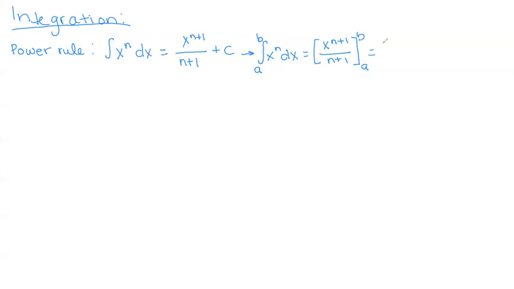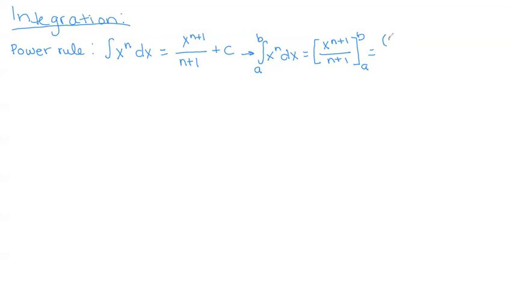All that means is we're basically just plugging in these values. You can think of b as the final value and a as the initial value. I always think of that because usually in physics, you're subtracting the final from the initial, so that usually helps me remember which order to do this in. So we just sub these values in for x.